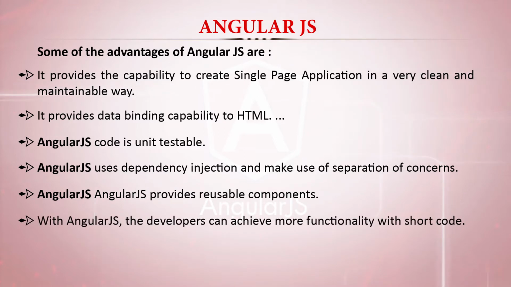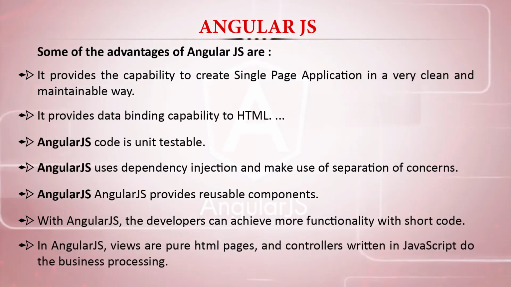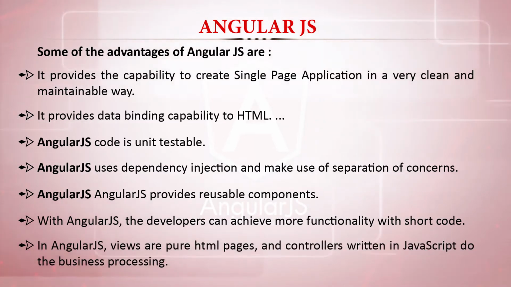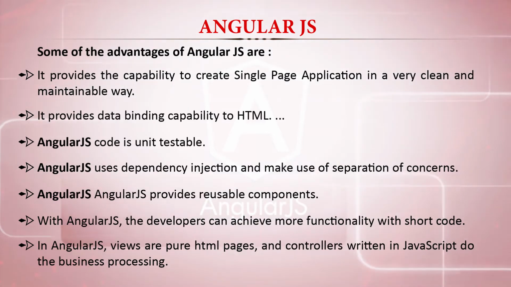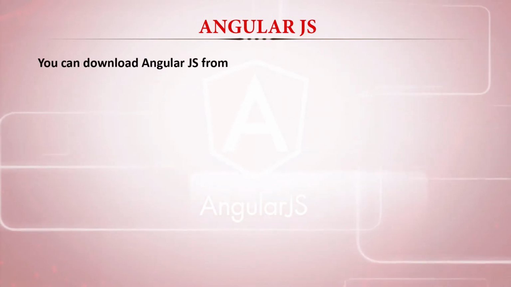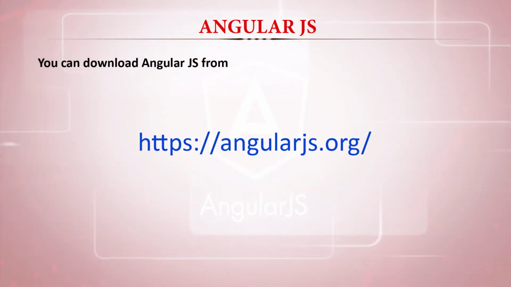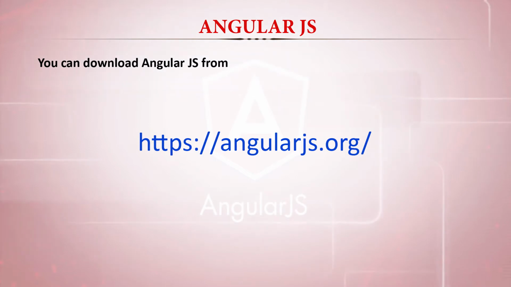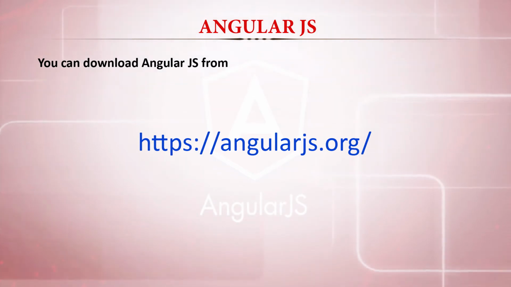With AngularJS, developers can achieve more functionality with short code. In AngularJS, views are pure HTML pages and controllers written in JavaScript do the business processing. Of course, you can download AngularJS from angularjs.org. It's HTTPS, a secure protocol.